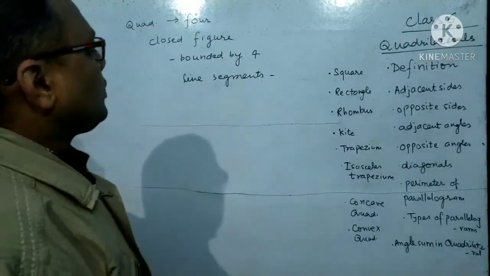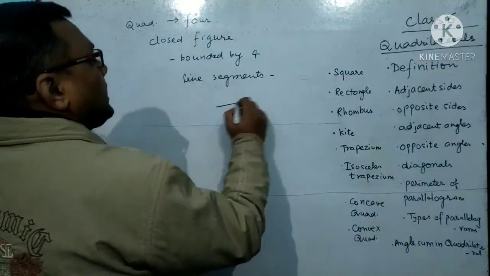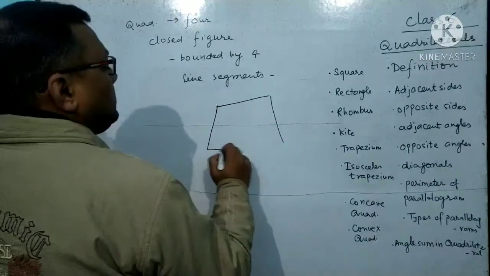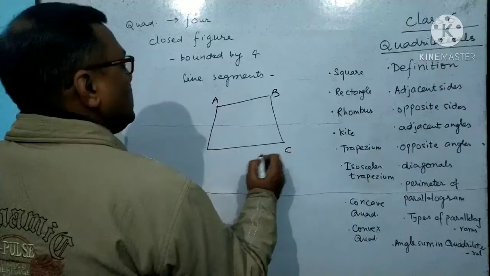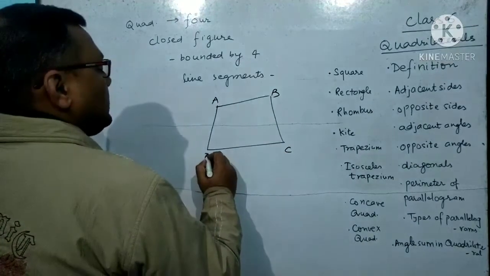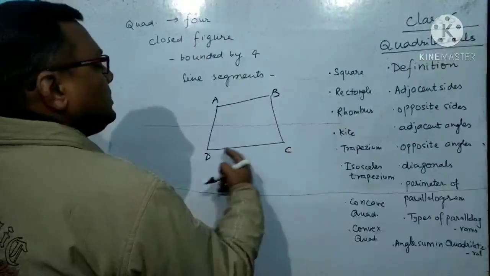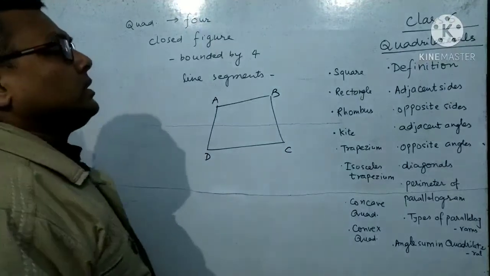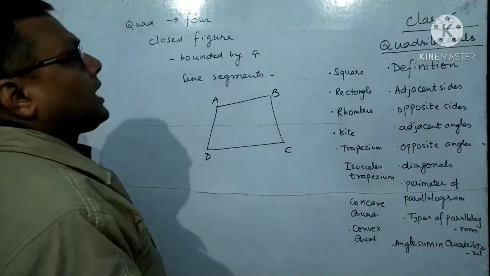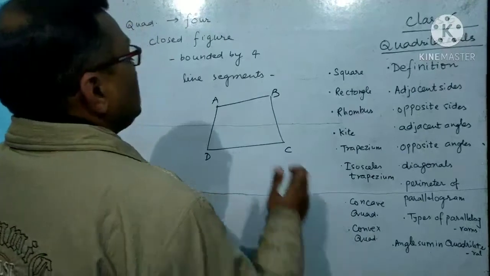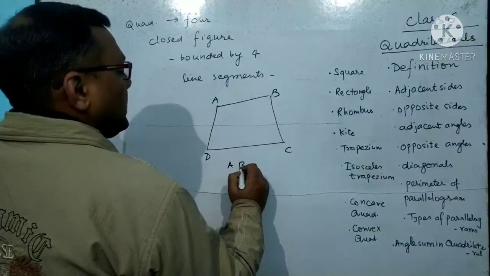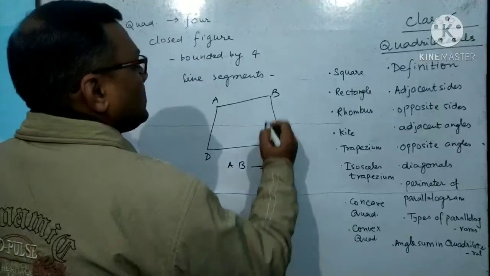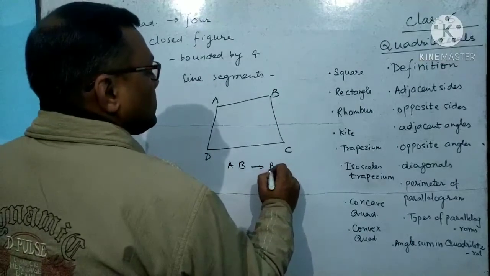Now I am going to make a quadrilateral like ABCD, A, B, C and D. We see that there are four sides: AB, BC, CD and DA. So what are adjacent sides? Suppose we take a side AB, then its adjacent, meaning neighborhood, side is BC.